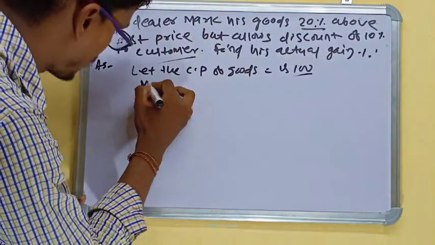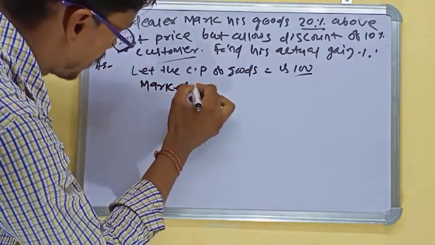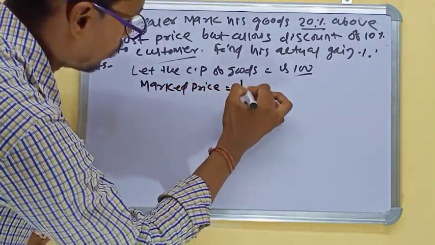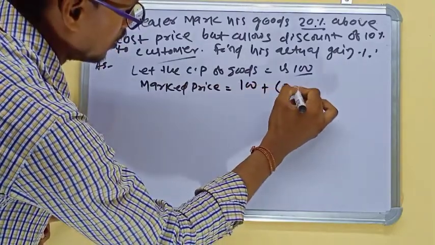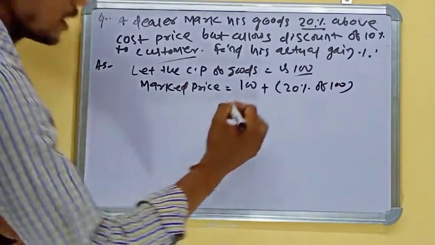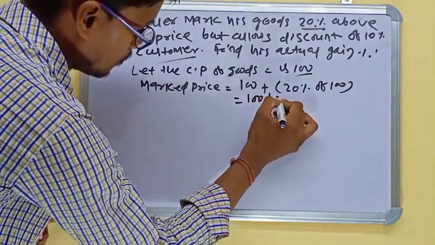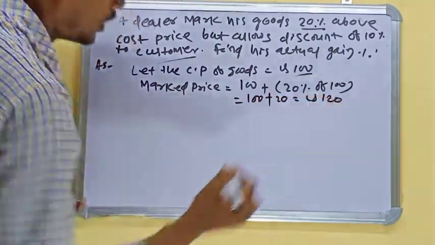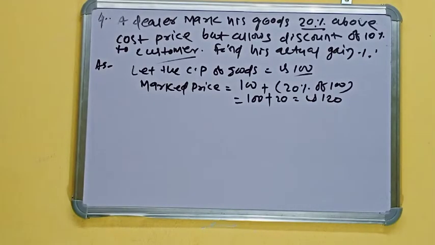Then the marked price is equal to 100 plus 20% of 100. Then 100 plus 20 is equal to rupees 120.